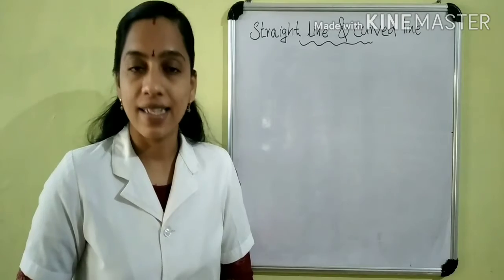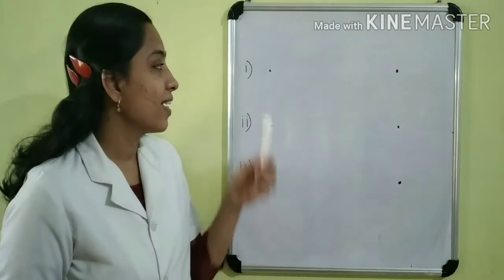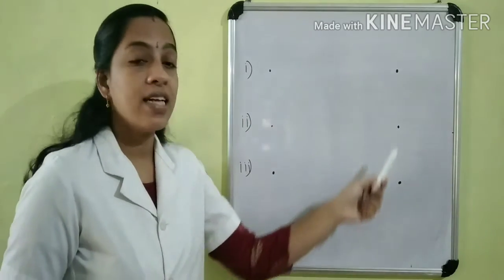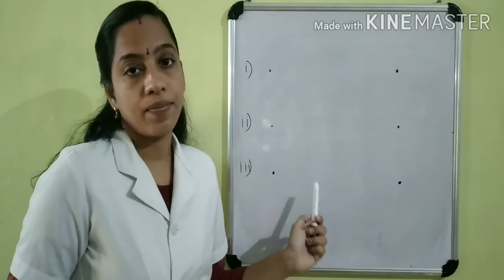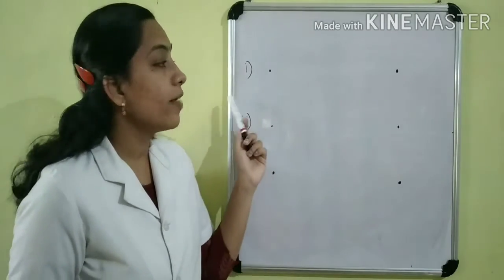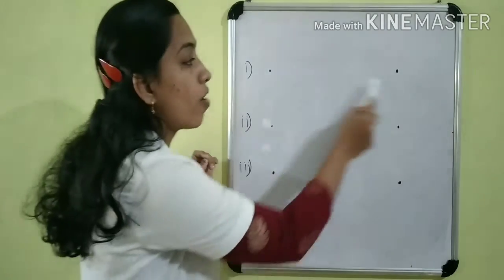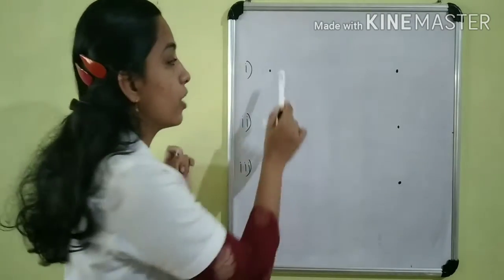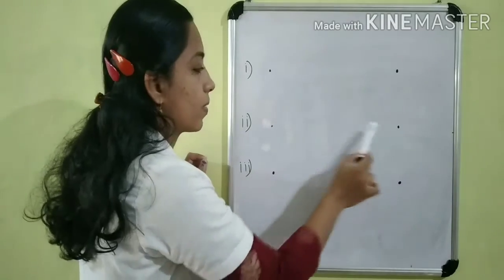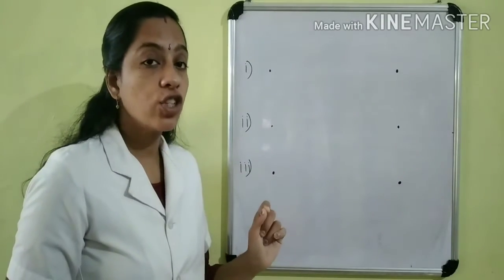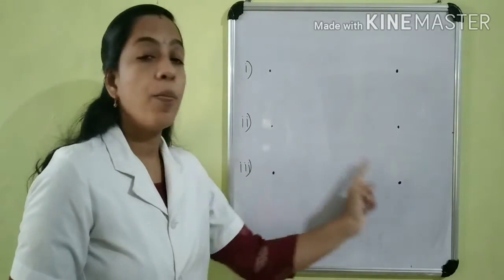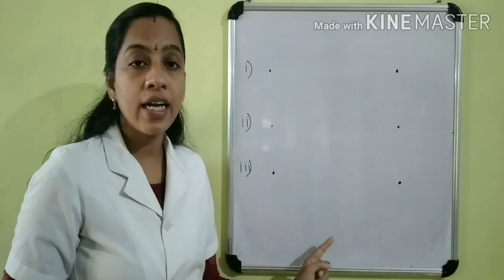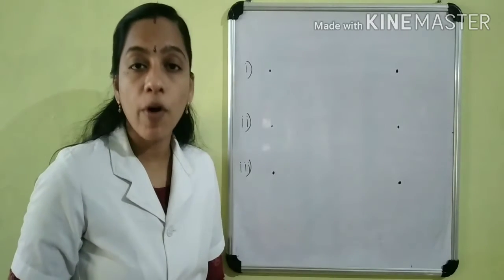Let us see. See children, here you can see some points marked, right? Here we have three sets of points. In each set you can see 2 points. Here we have to join these 2 points. Tell me children, how can we join these 2 points?